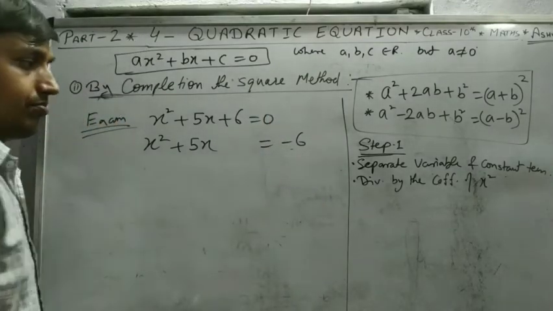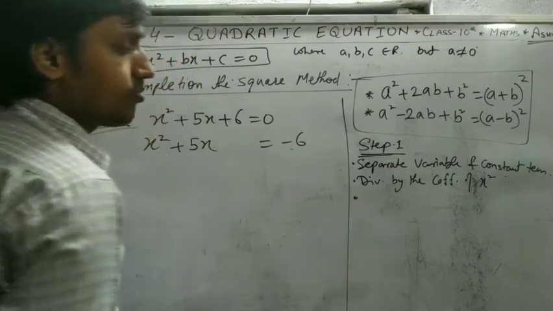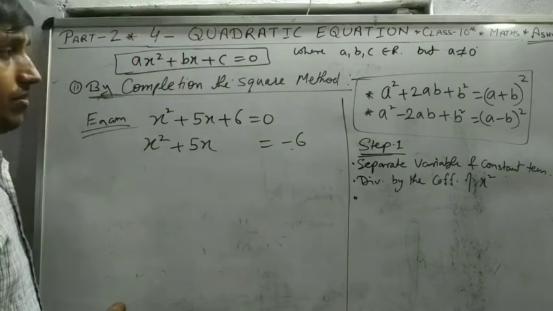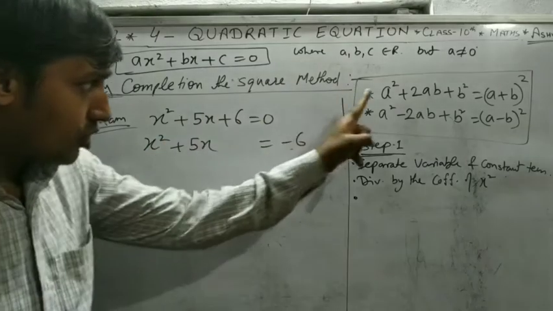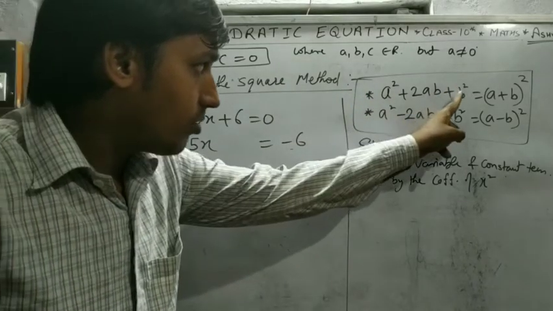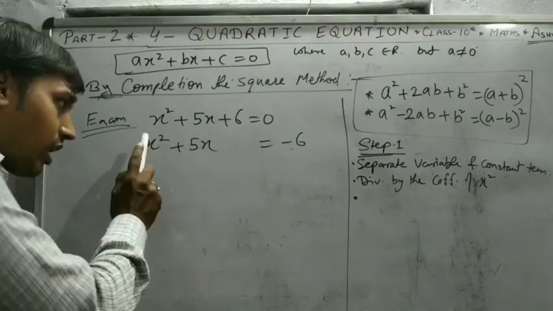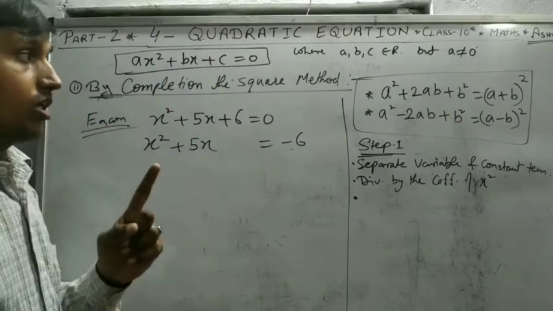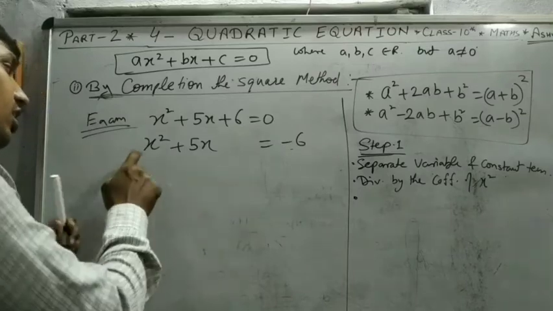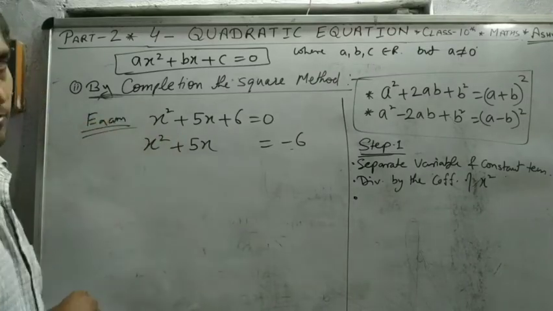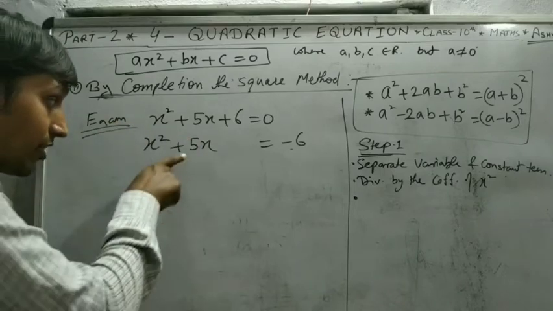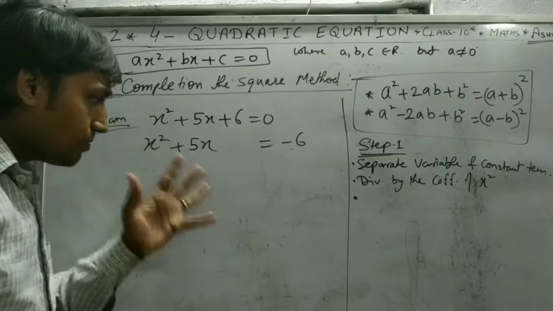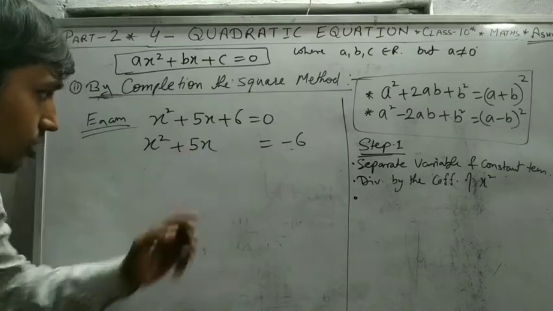The third step is the most important step. If you see the formula, there is a square, b square, and 2ab.